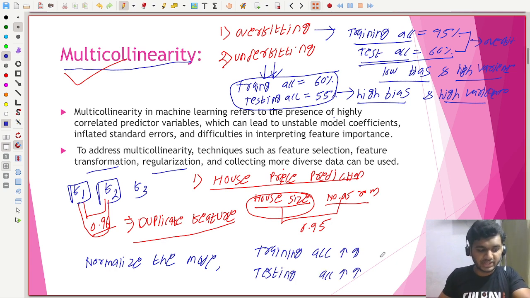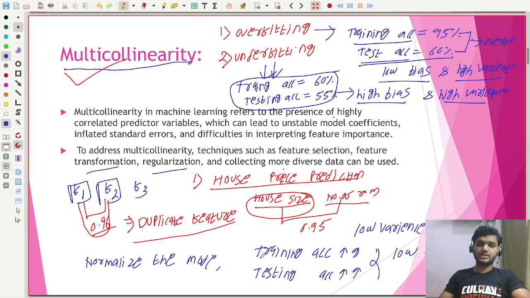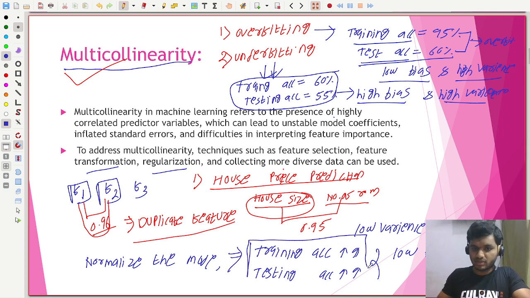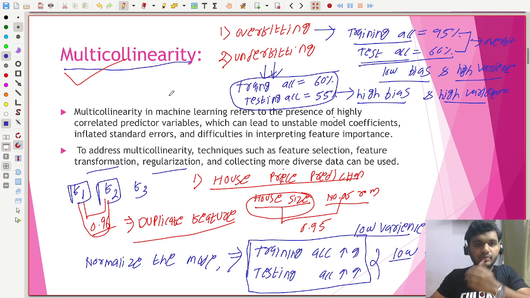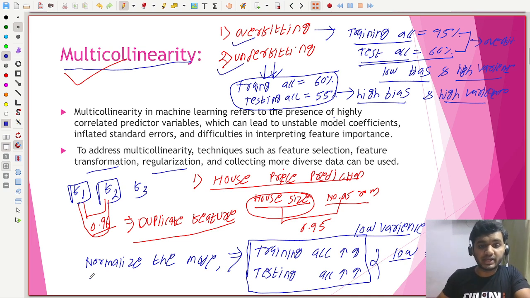In this case, it is low bias and low variance. So you remember what overfitting is, what underfitting is, what a normalized model is, and what multicollinearity is.